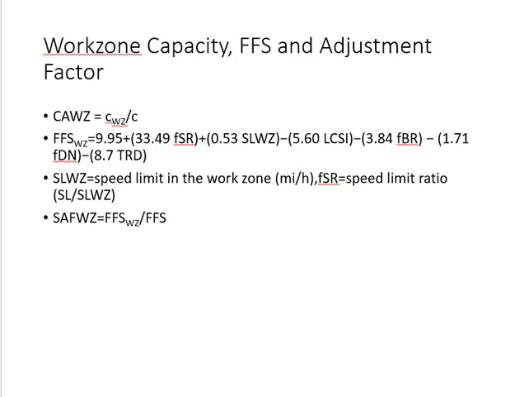How do I get the adjustment factor of capacity for the work zone? I take the ratio of work zone capacity and normal capacity. Work zone capacity we calculate. For normal capacity, how do we calculate the normal capacity?